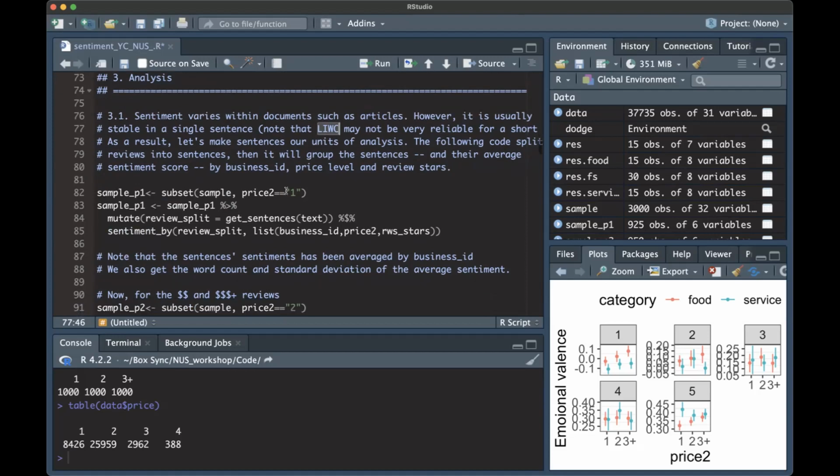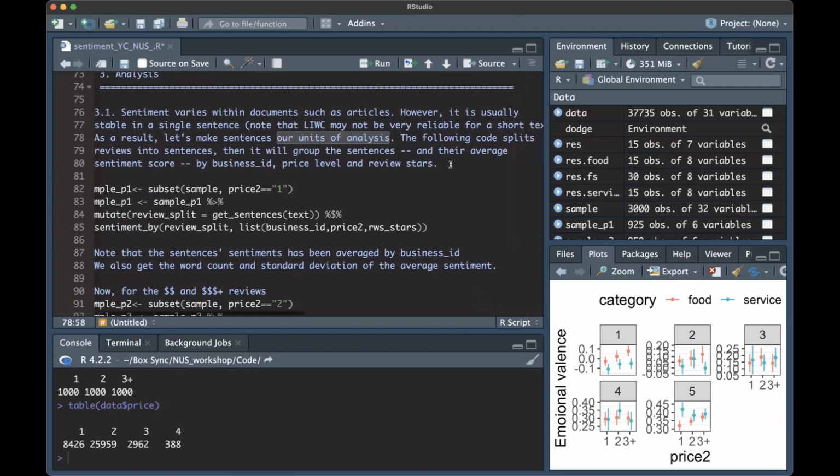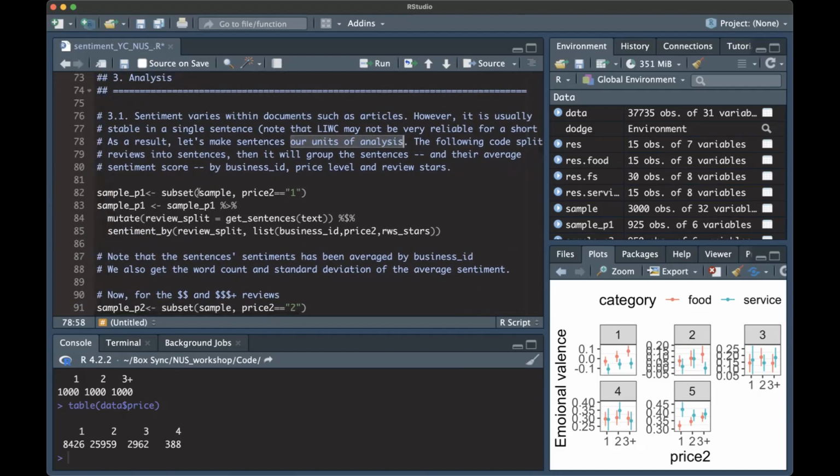So let's make sentences our unit of analysis in this workshop. The following code splits reviews into sentences. The first step is to split each review into sentences, and then it groups the sentences and their average sentiment score by business ID, price level, and review stars. Why price level and review stars?